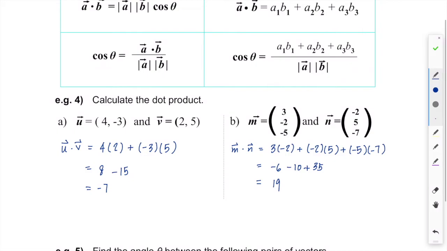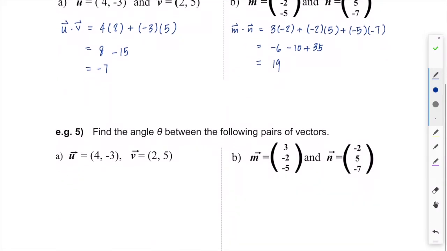Still with the same pairs of vectors, in example 5, let's find the angle theta between these vector pairs. Using the cosine theta version of the dot product, cos theta is u dot v over magnitude of u times magnitude of v. We calculated the dot product to be negative 7 in example 4.